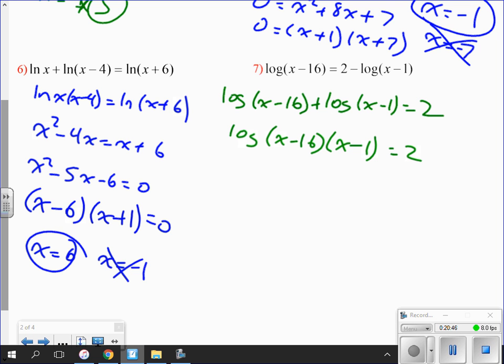And now I loop. And I'm going to go ahead and FOIL out. So I get x squared minus 17x plus 16 is equal to, what's the base of my logarithm? 10. So this would be 10 squared, which is 100.